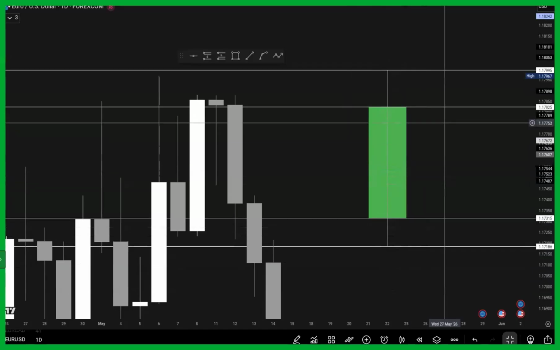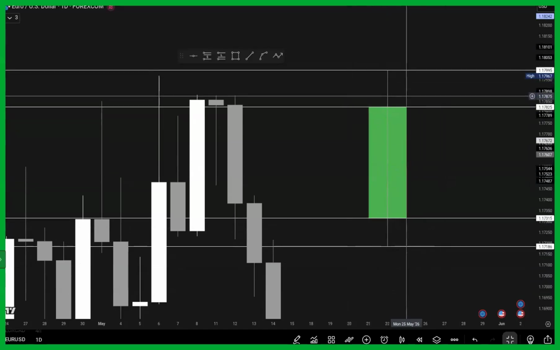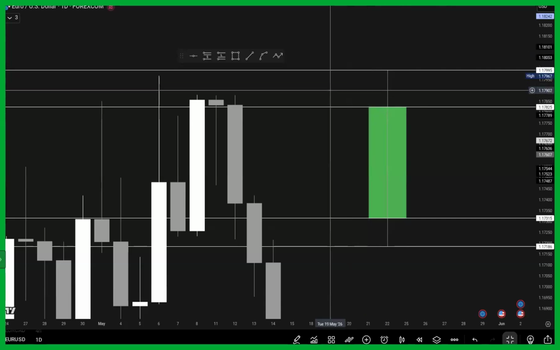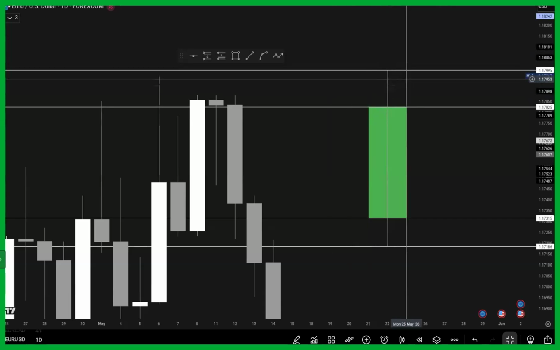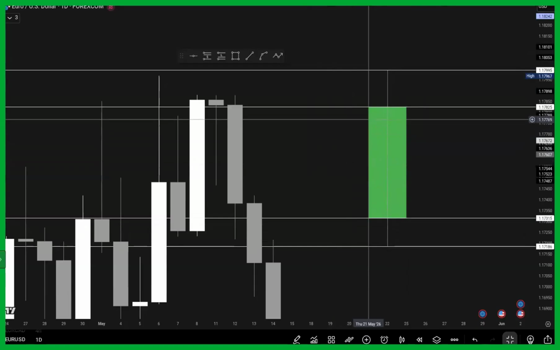Then we have the high, which is the highest place that price will get to before it is then rejected. So the wick of a candle is subdivided into the high and the low of a candle, while the body is subdivided into the opening and the close of that particular candle.